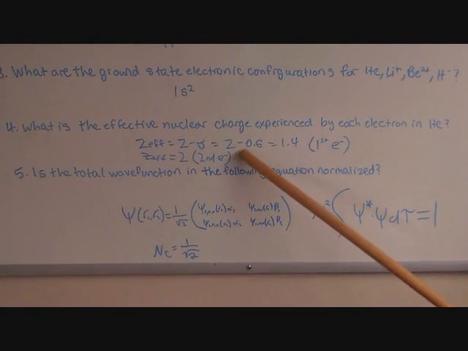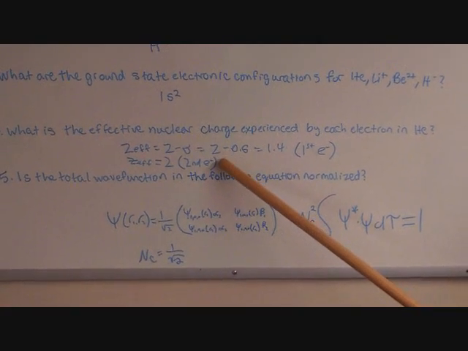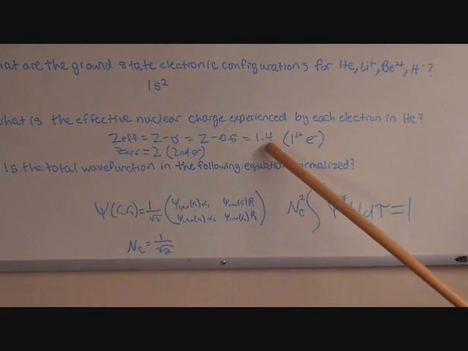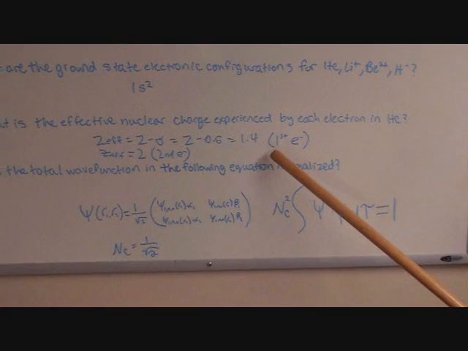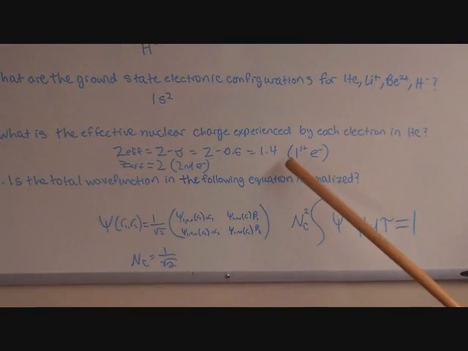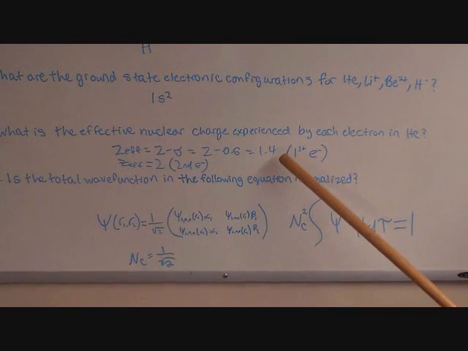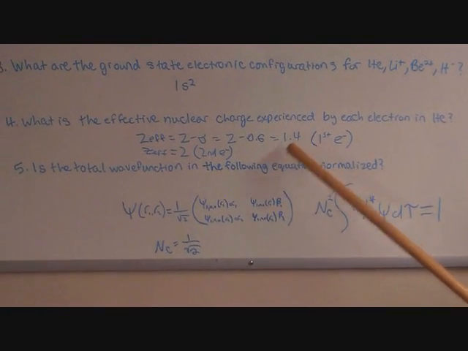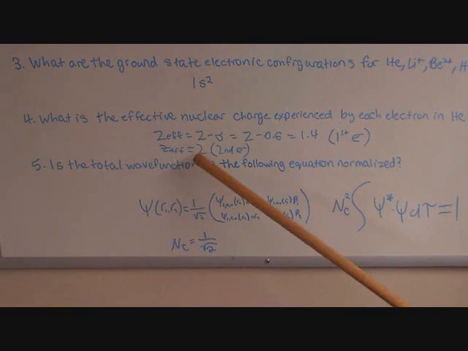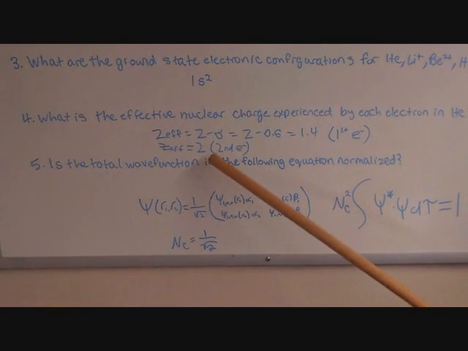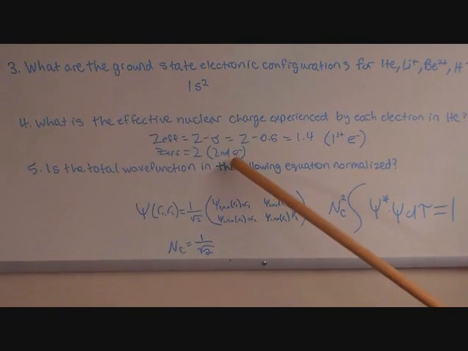Calculating that, Z minus 0.6, Z is 2 for 2 protons, equals 1.4. That's for the first electron, and this would be expected to be less than 2 because this first electron is under the effects of shielding from the other electron. The second electron is just simply 2, and it's getting the full force from the nucleus because there is no shielding.